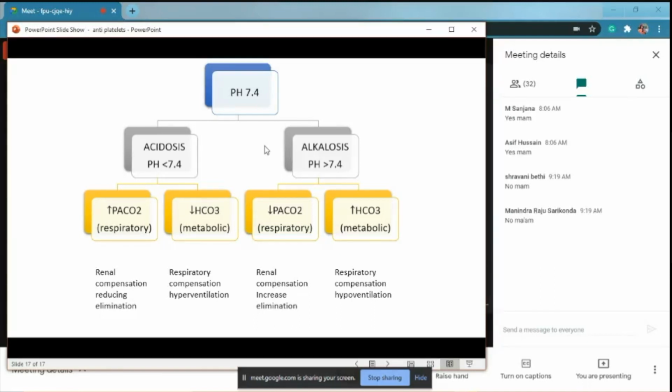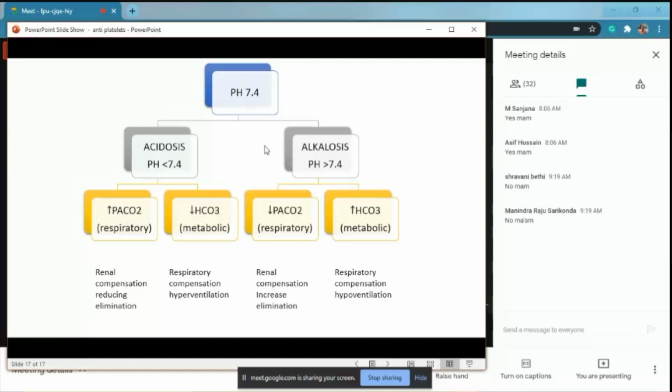We check the partial pressure of carbon dioxide. We said that carbon dioxide is acidic. If it is decreased, it causes alkalosis. If it is increased, it's acidosis, right? So just imagine CO2 as acidic. If the partial pressure of carbon dioxide is increased, that means respiratory acidosis.